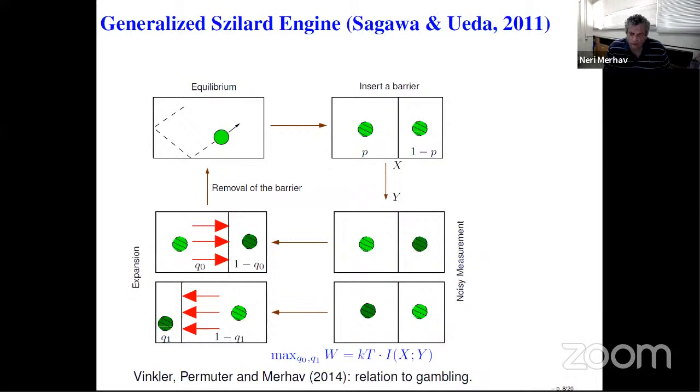And then the well-known result by Sagawa and Ueda from 2011 is that the maximum work you can extract is proportional to the mutual information associated with the channel from the real position X to the measurement Y. And several years ago, together with a colleague and a student, we have used this relationship in the context of gambling.